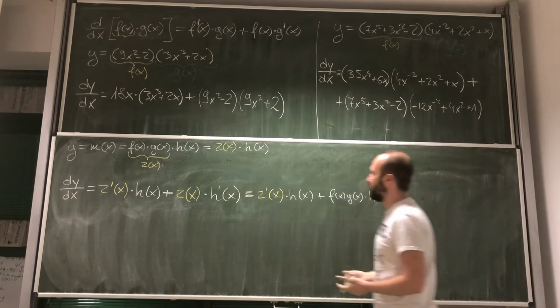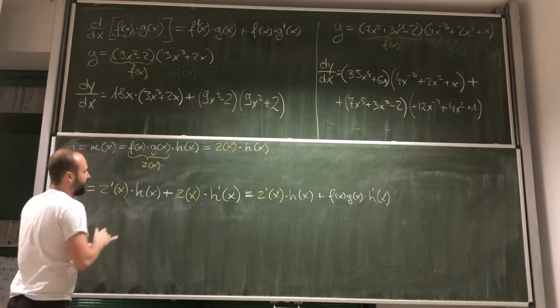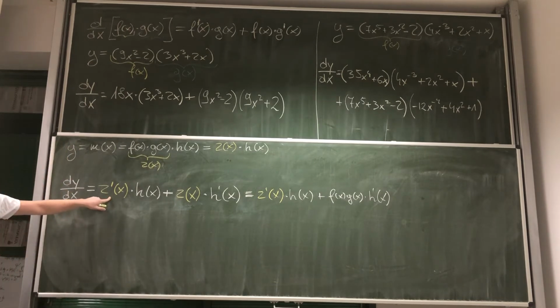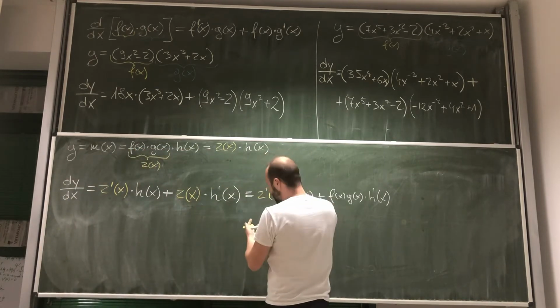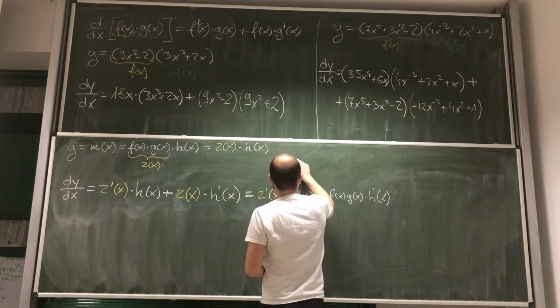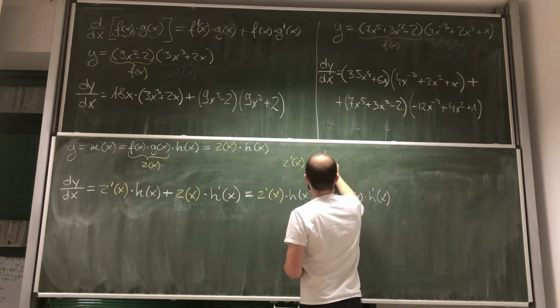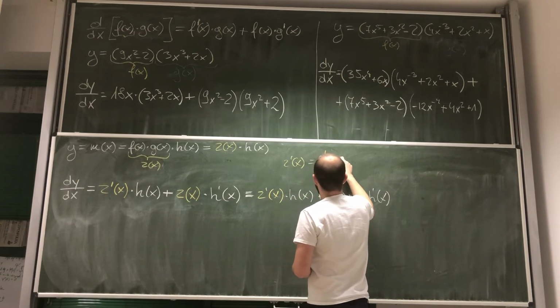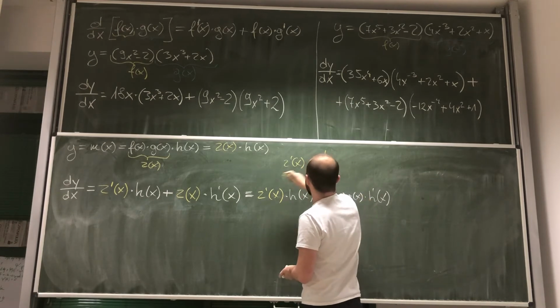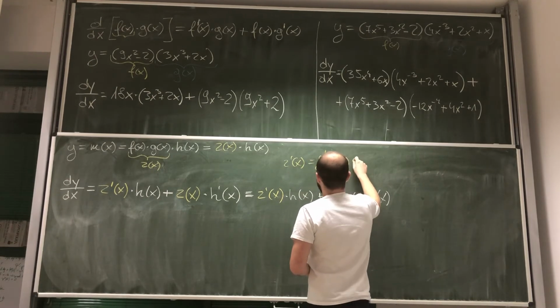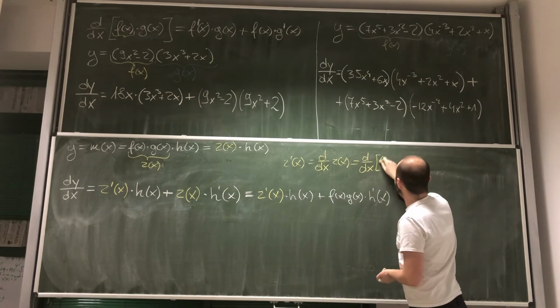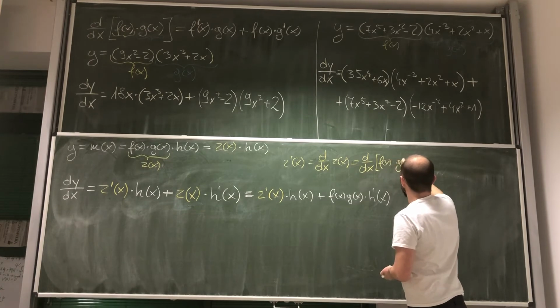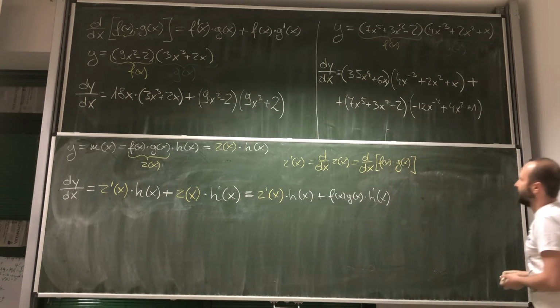Well, we do not know how much z prime of x is. But it is not that complicated. z prime of x is just the derivative of z of x, so this is the derivative of f of x times g of x.